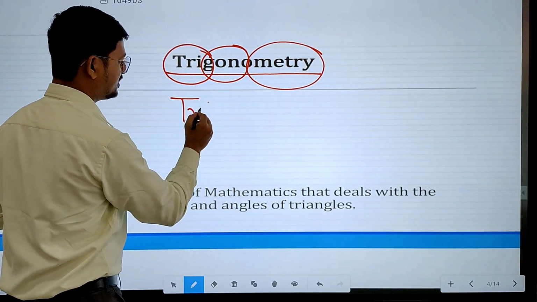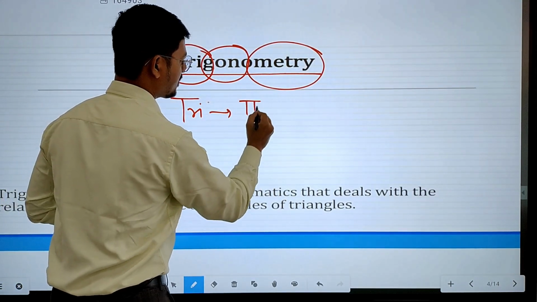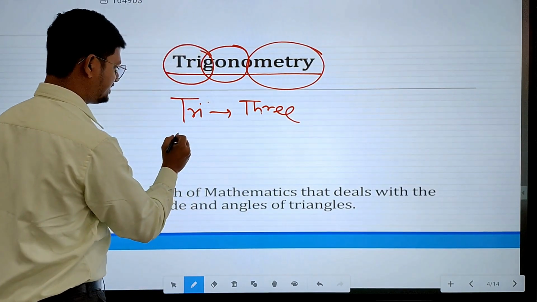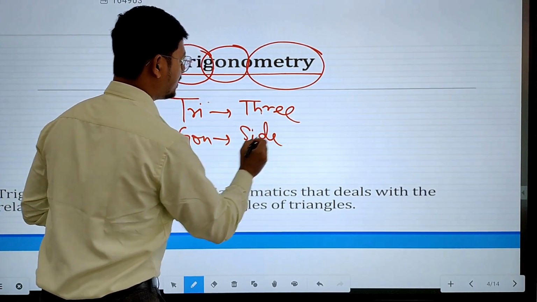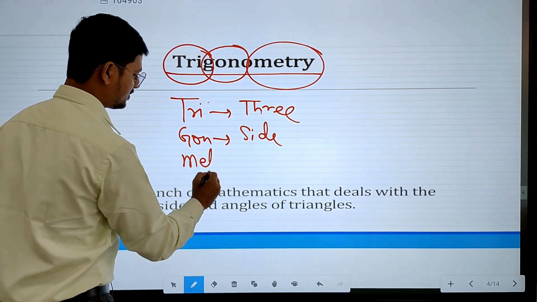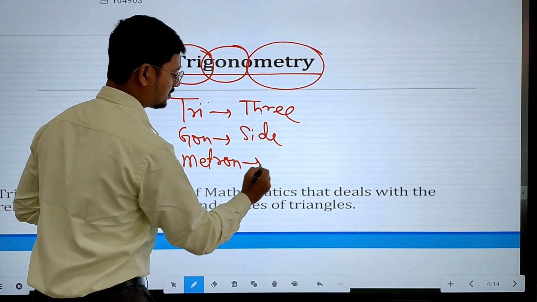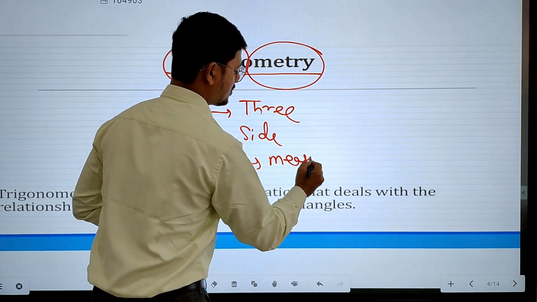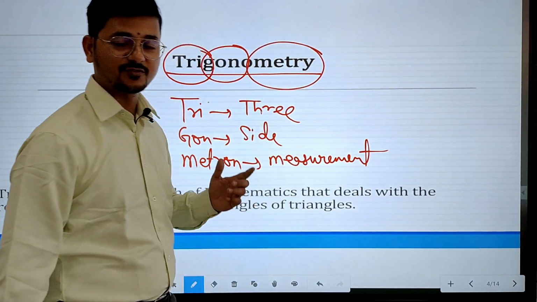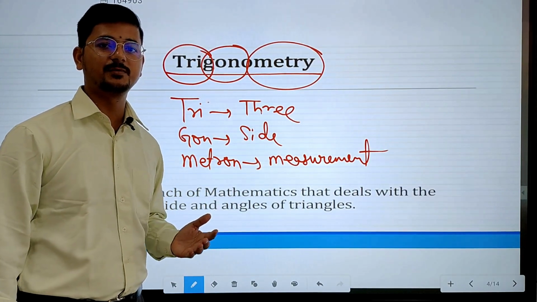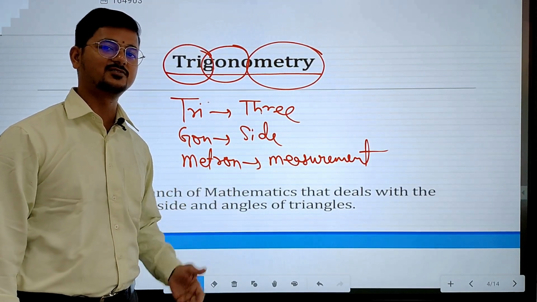Tri means three, gon means sides, and metron means measurement. So trigonometry is a branch of mathematics that gives the relationship between the sides and the angles of a triangle.